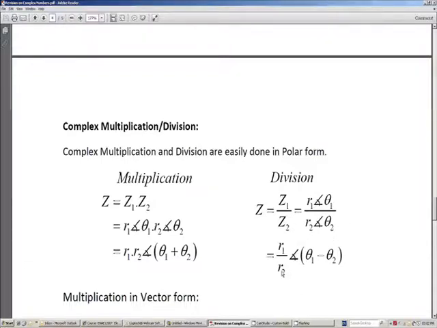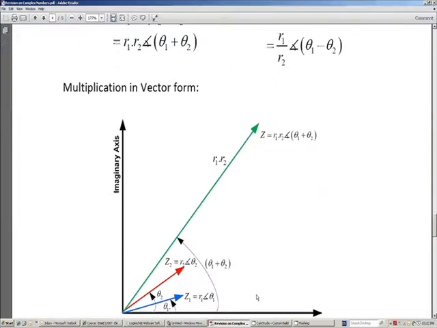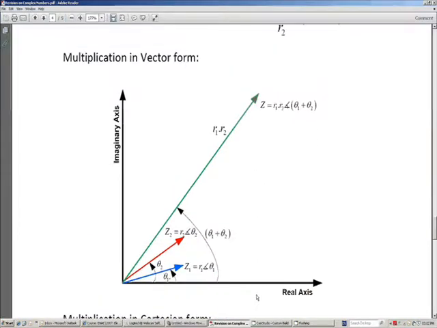So r1 divided by r2, angle theta 1 minus theta 2. I'll just show you only the multiplication in vector form.